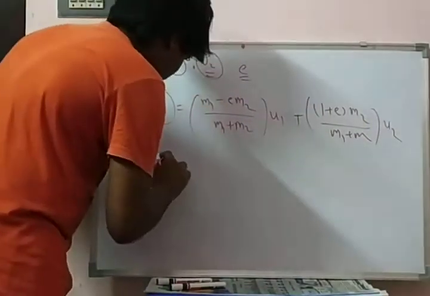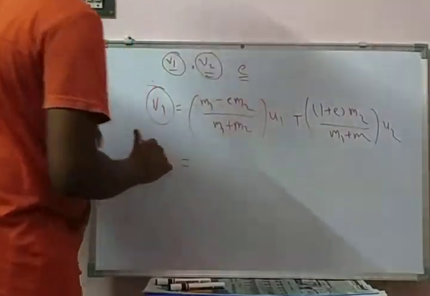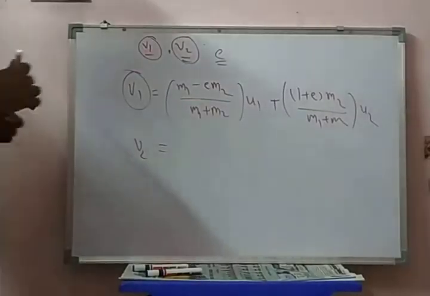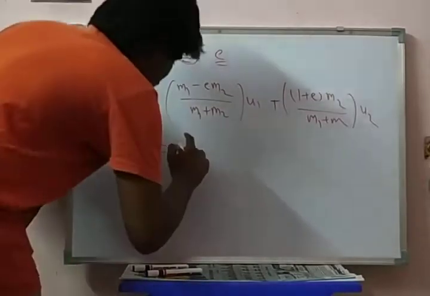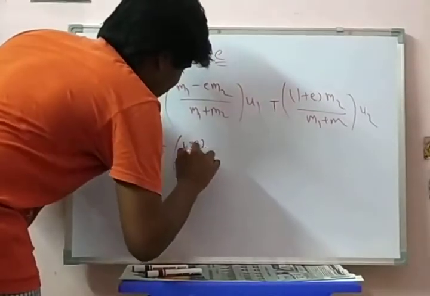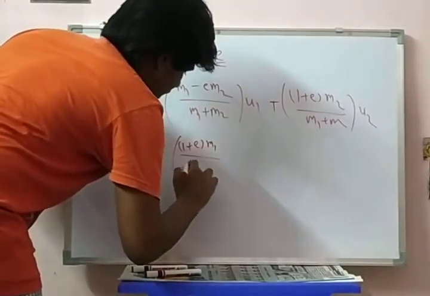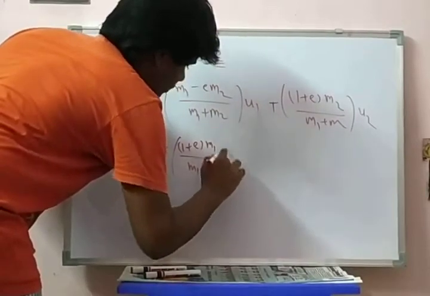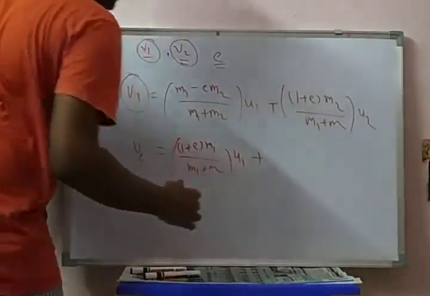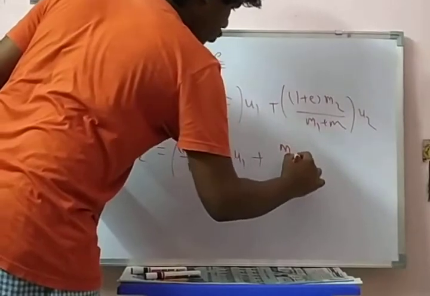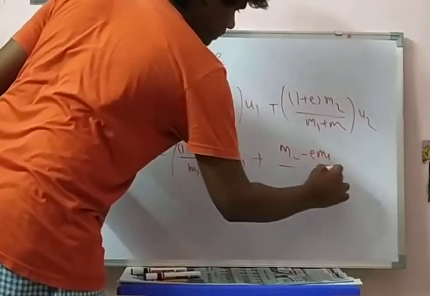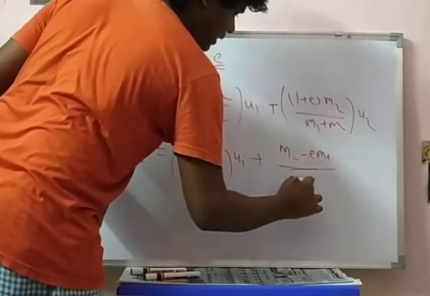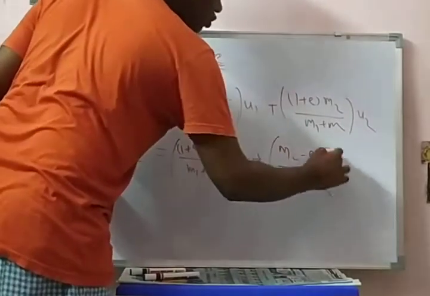In the same way for v2, we have (1 plus e) m1 by (m1 plus m2) into u1 plus (m2 minus e m1) by (m1 plus m2) into u2.